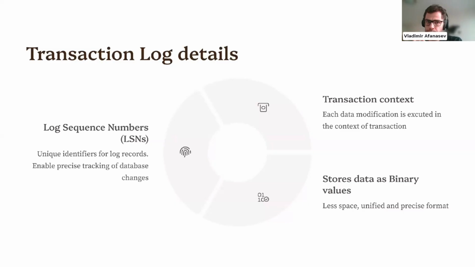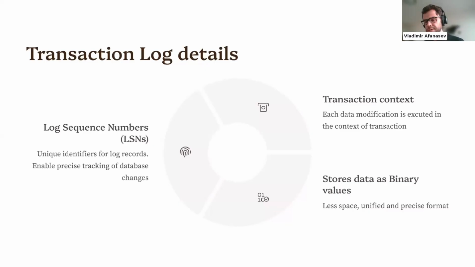What is also interesting about the transaction log? Everything happens in the context of a transaction. Each modification is executed in the context of a transaction, meaning you open it explicitly with BEGIN TRAN, or it is opened for you implicitly. And this is maybe a more interesting case for us, when we forgot to open the transaction explicitly, so there is no way to control the rollback.